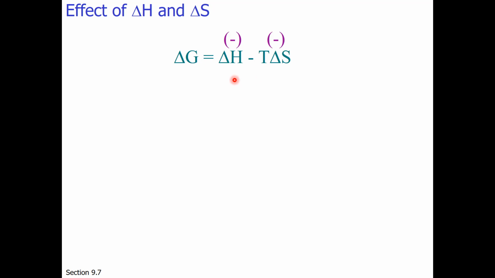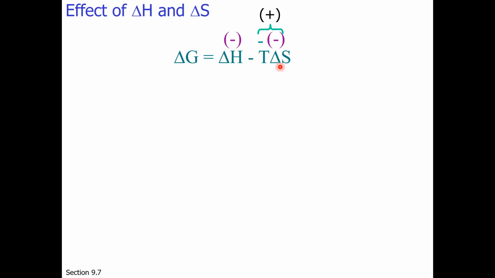How about this combination? Delta H is negative and delta S is negative. That means the entire term minus T delta S is positive. Can you add a negative and a positive and get a negative? Well, sometimes. It means that the delta H term has to be more important than the minus T delta S term.